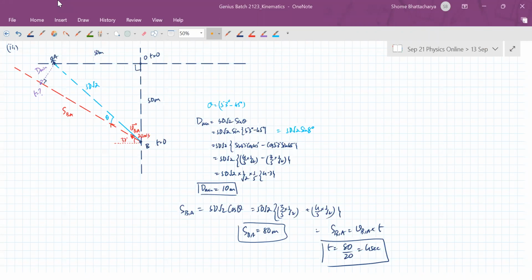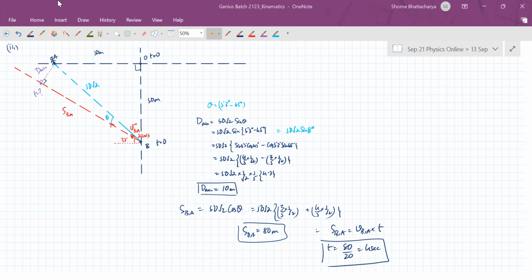So after we found D minimum, what did we do after that? I wanted to find the time at which it comes closest. So for that, I found the other side of that triangle, the base, you can say. That is the actual displacement of B with respect to A. And the displacement here should be velocity into time because there's no acceleration. So to calculate time, I have done that. I have calculated that base to be 80 meters.